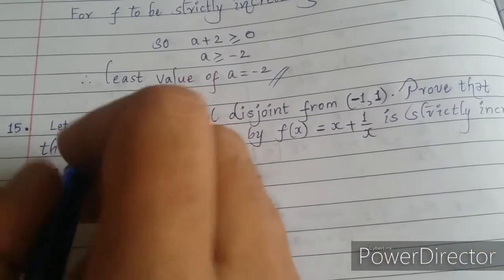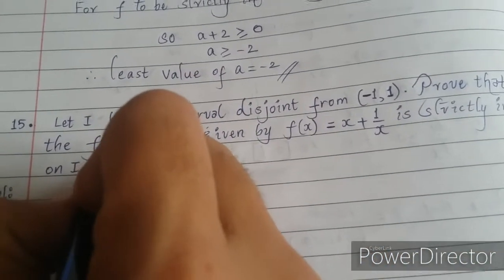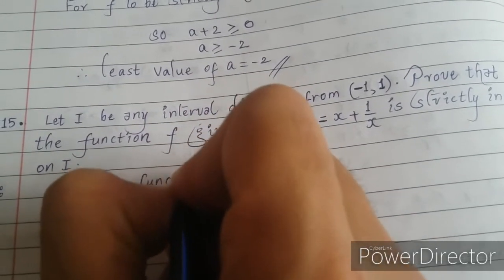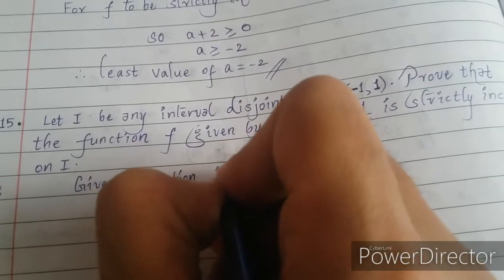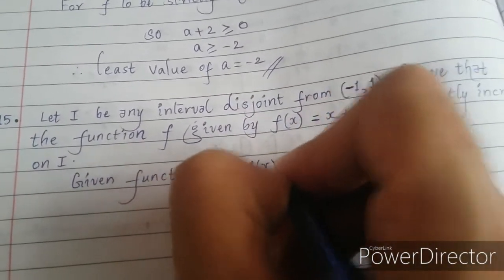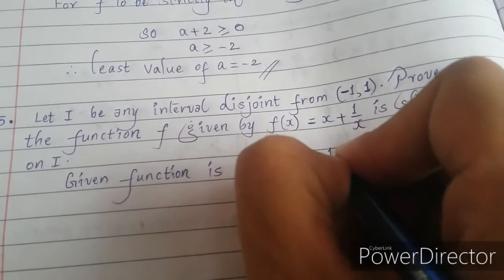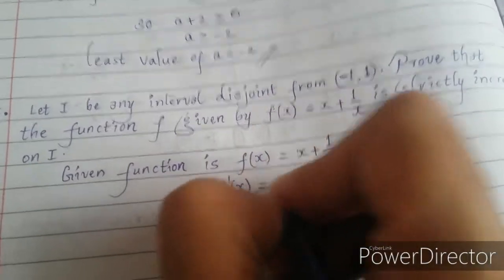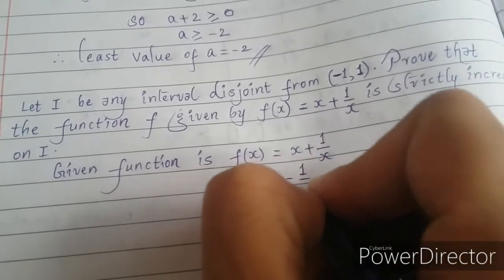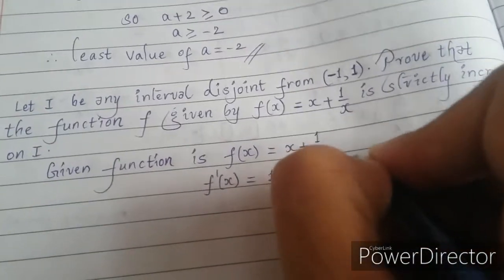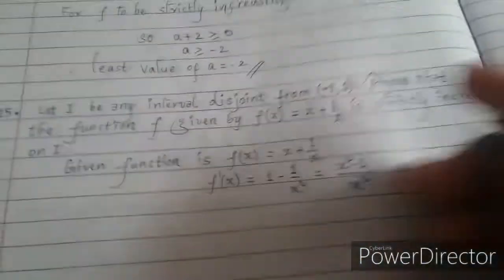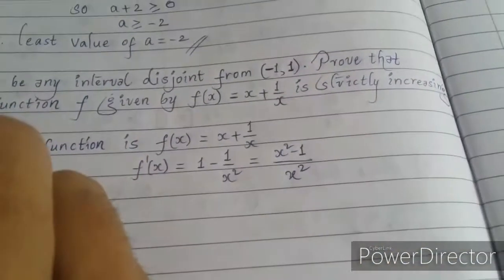So the given function is f of x is equal to x plus 1 by x, f dash x is equal to 1 minus 1 by x square, which is equal to x square minus 1 by x square. For f to be strictly increasing, f dash x should be greater than 0.